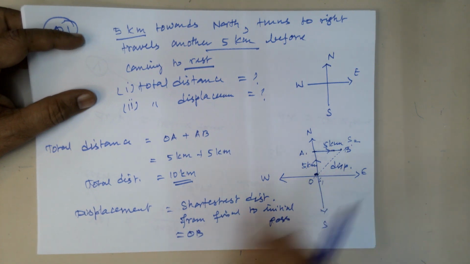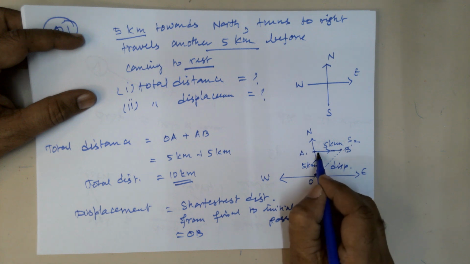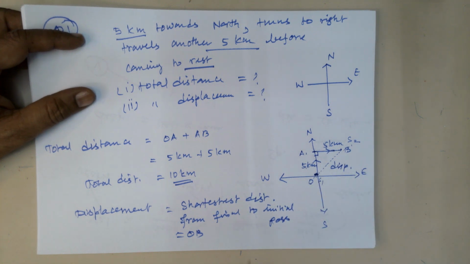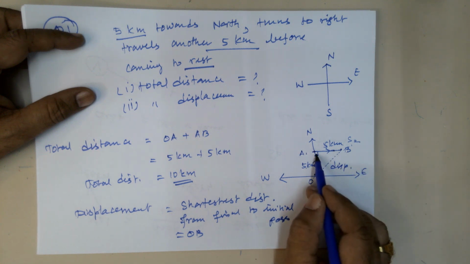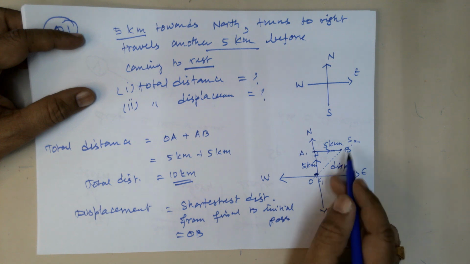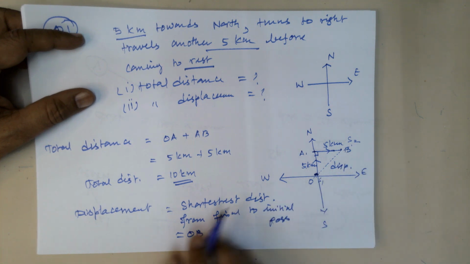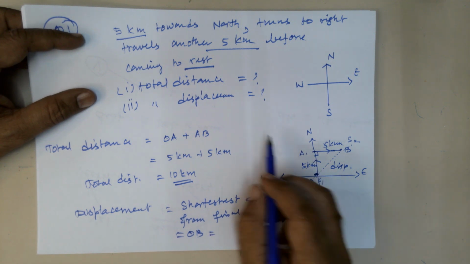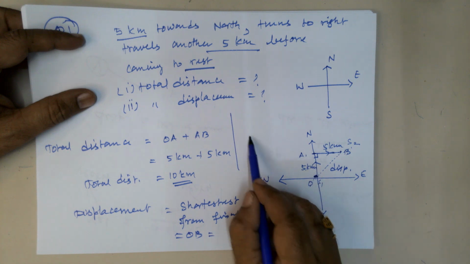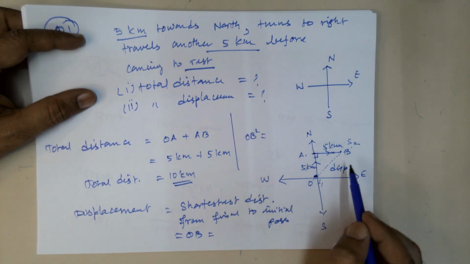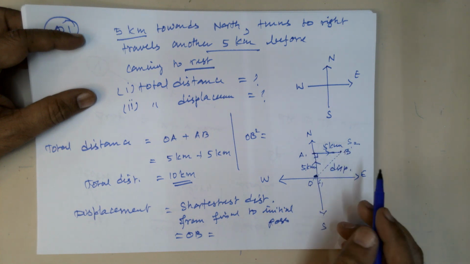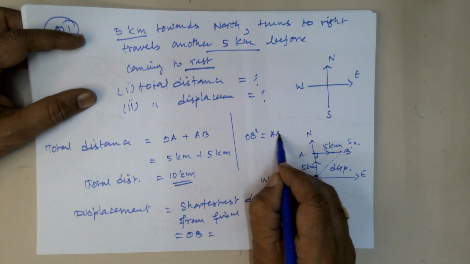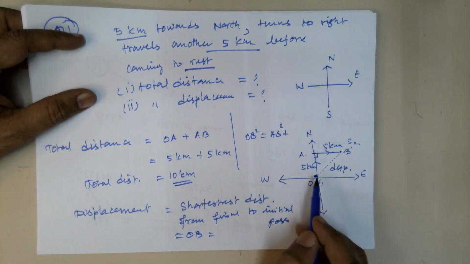So how can you find out this OB? We can apply Pythagoras theorem, because when you turn right means right angle. So this is a right angle. So displacement is the hypotenuse, is it not? So we can apply Pythagoras theorem here. Therefore, OB squared is equal to hypotenuse squared is equal to opposite squared plus adjacent squared, is it not? Therefore, AB squared plus OA squared.